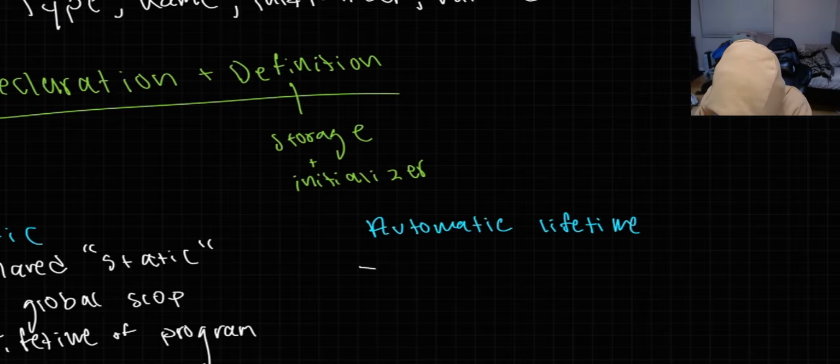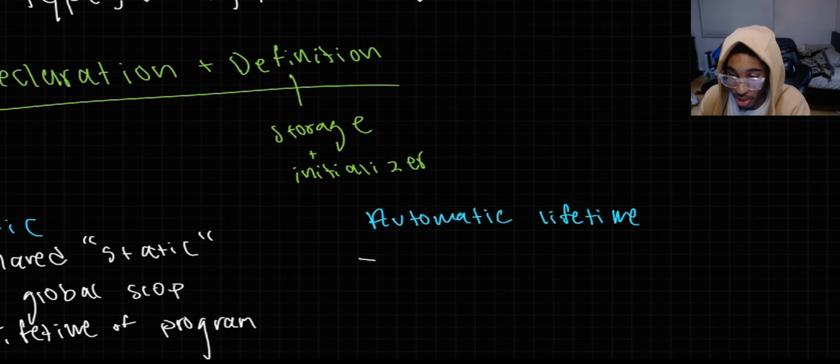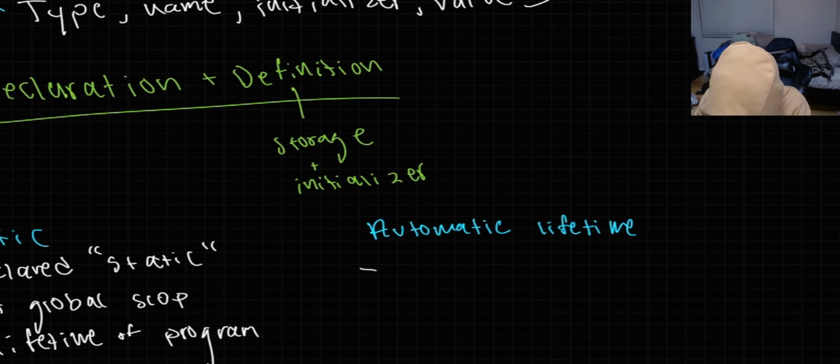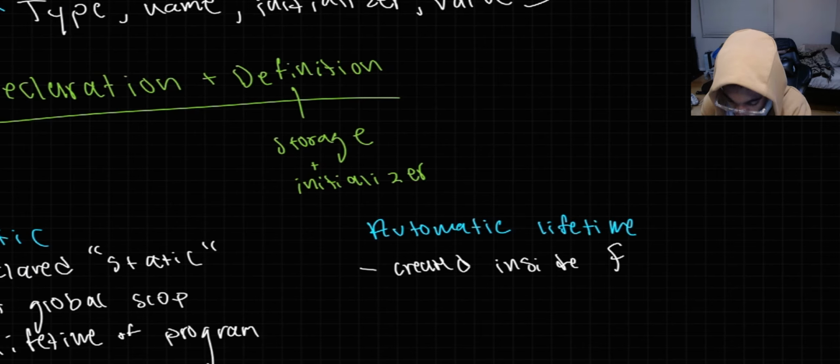Inside of an internal scope, that gives it an automatic lifetime duration. Its lifetime is the lifetime of that scope, from the line it was created to the closing bracket of the scope. So we can write created inside of a function, lifetime of scope.